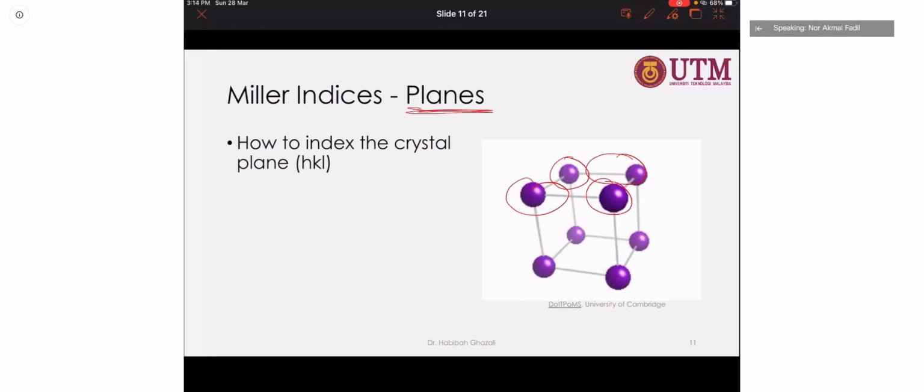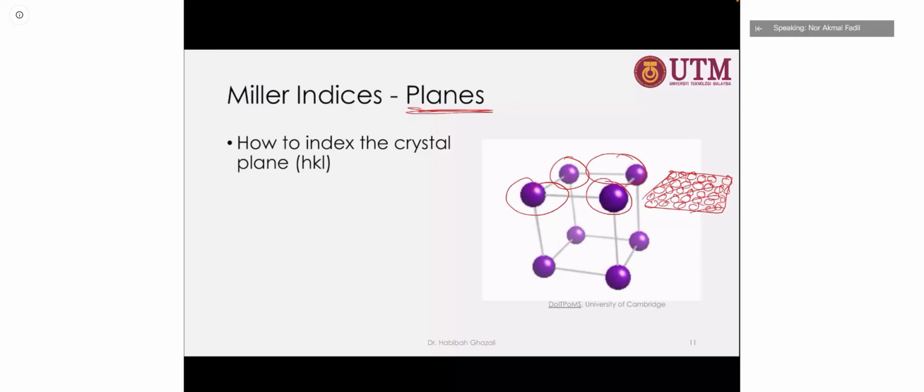So this is one plane, and of course if we look at the atoms arranged at this position, the next atoms somewhere here form a plane also, but in a different direction.